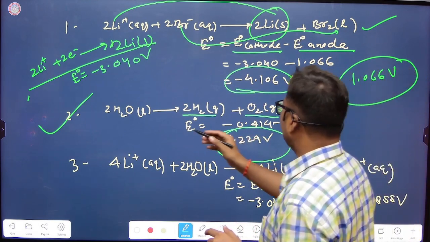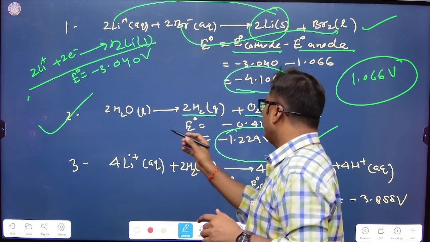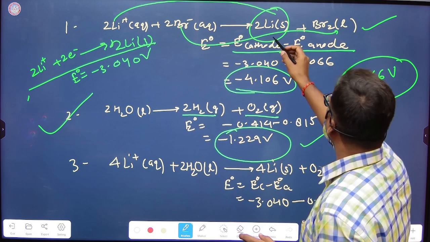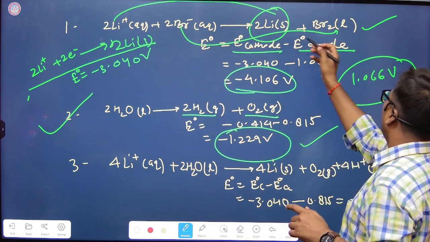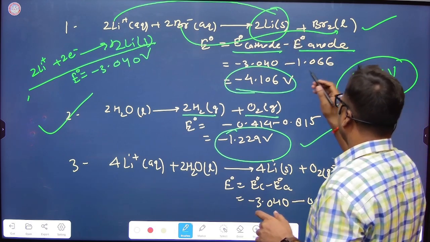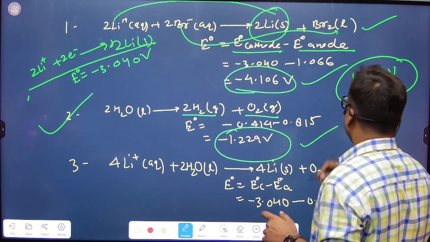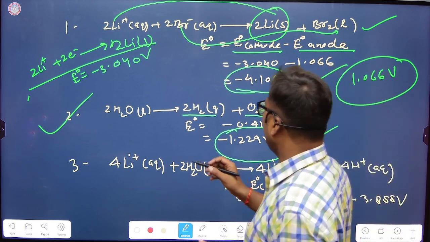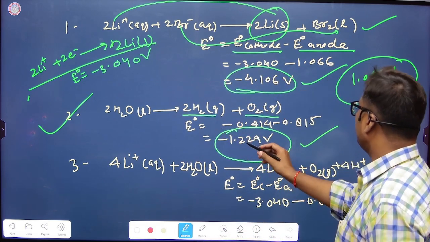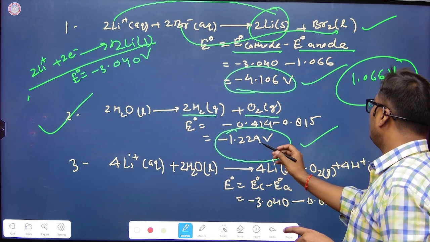So this is the case study for the production of hydrogen and oxygen gas, and this is the case for the production of lithium and bromine. For the production of lithium and bromine, a high negative potential is required, and in the case of production of hydrogen gas and oxygen gas, there is a low potential, that is minus 1.229 volt.